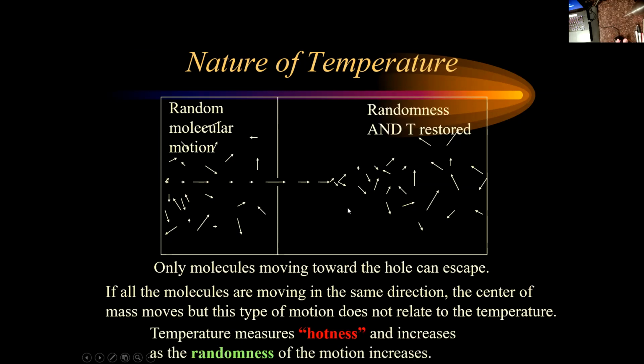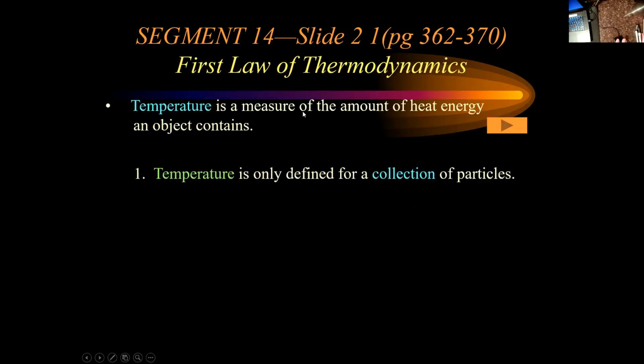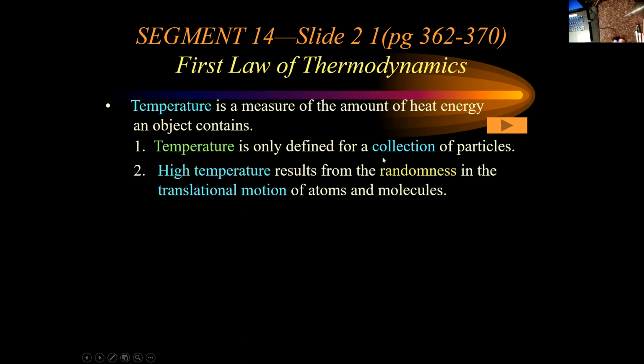Okay, so this is another thing to remember. Temperature is a measure of hotness. It's just exactly what you think of when you think of something being at high temperature. You think about it being hot. That's what it means. But it's a measure of the randomness of the motion at a molecular level. Now, you've got a temperature for a collection of particles.